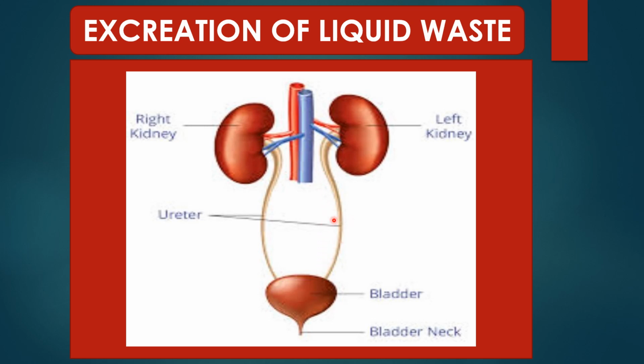Ureters are the small tube-like structures which are attached to the kidneys and to the bladder. Once the waste liquid reaches the urinary bladder, it gets stored here, and from here it moves out from the body in the form of urine.